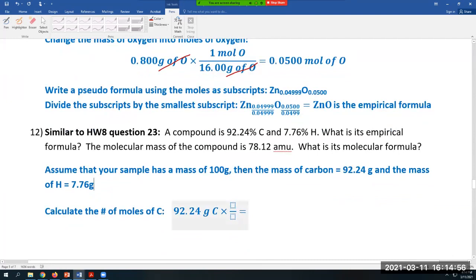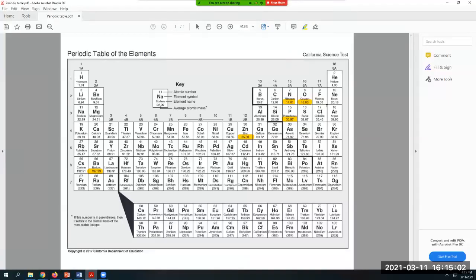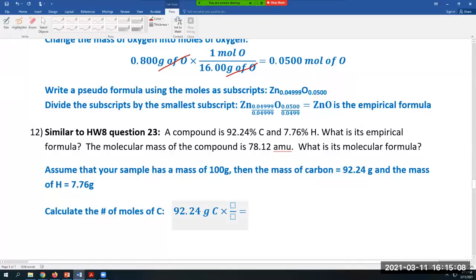So we have 92.24 grams of carbon, and we want to calculate the moles. So we need the molar mass of carbon, and it's 12.01. Let's use the molar mass. Because we have grams of carbon in the numerator in the given amount, we want grams of carbon on the bottom.